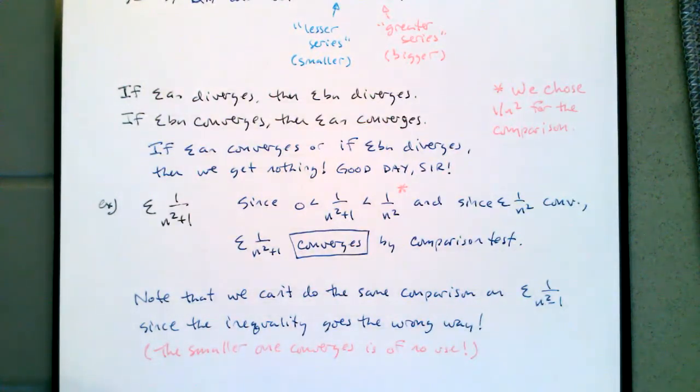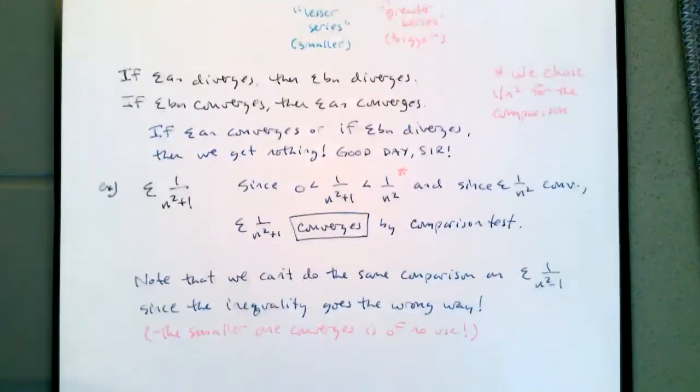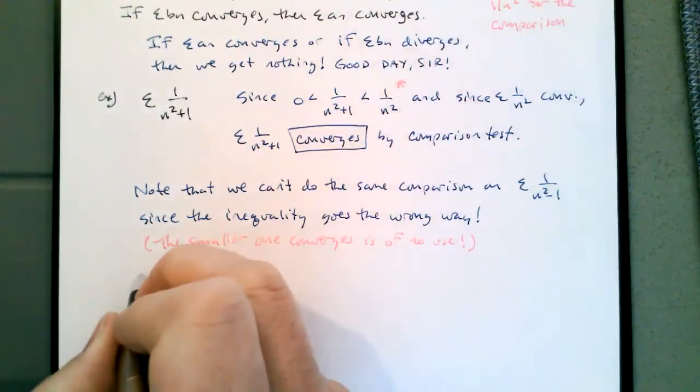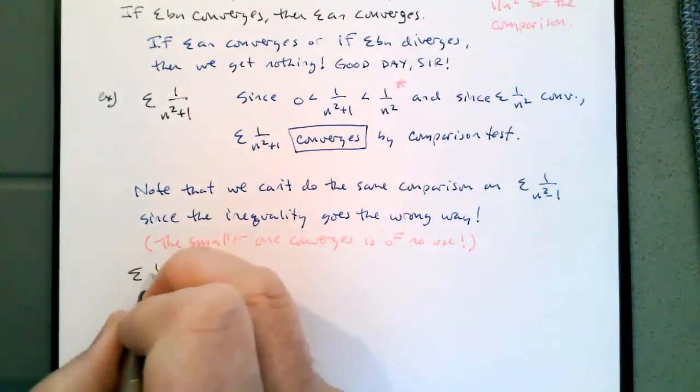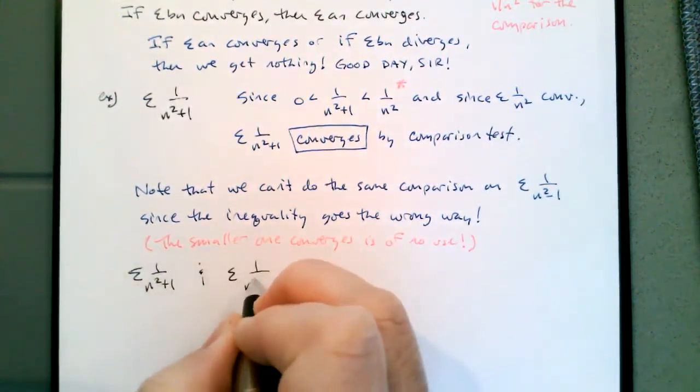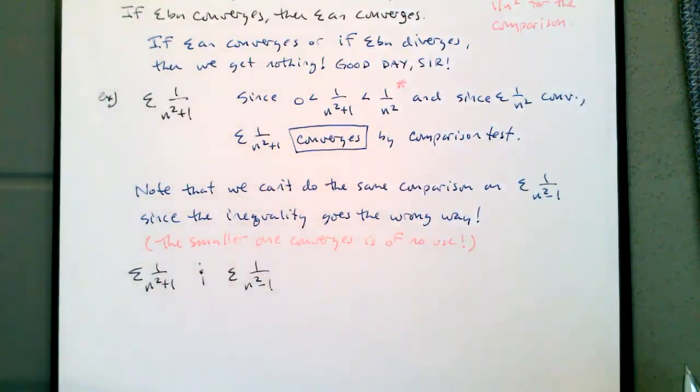Fortunately for our heroes, we can look at this one and say 1 over n squared converges. It's not exactly a p-series, but it looks like a p-series. So we knew this converged because 1 over n squared plus 1 will behave like a p-series. Our thinking: the series 1 over n squared plus 1 and the series 1 over n squared minus 1 both behave like 1 over n squared.